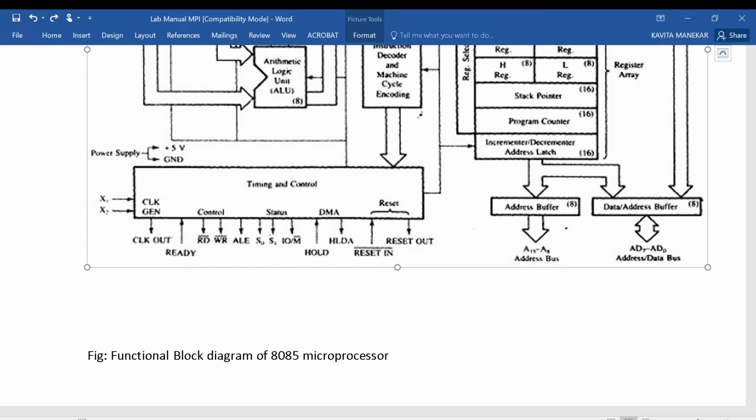The frequency is internally divided by 2. Therefore, to operate a system at 3 megahertz, the crystal should have a frequency of 6 megahertz. The clock out pin is used by the system as a clock signal.